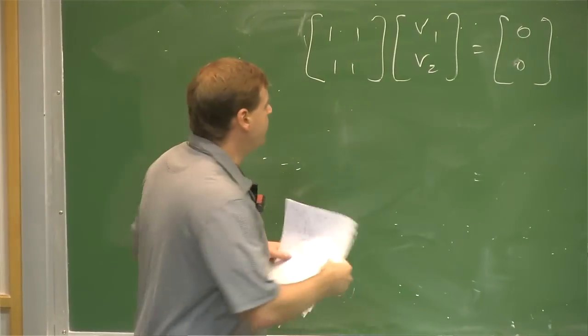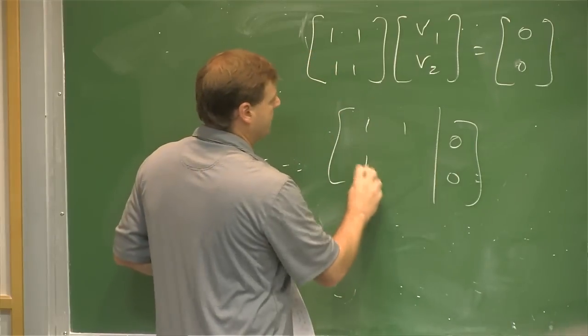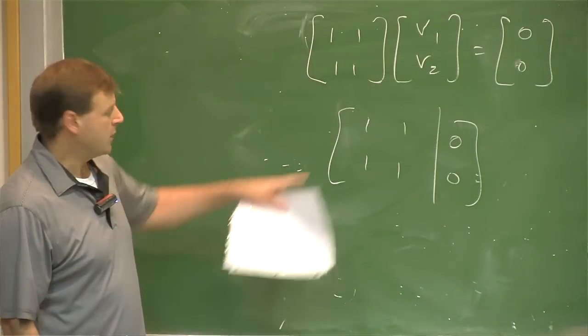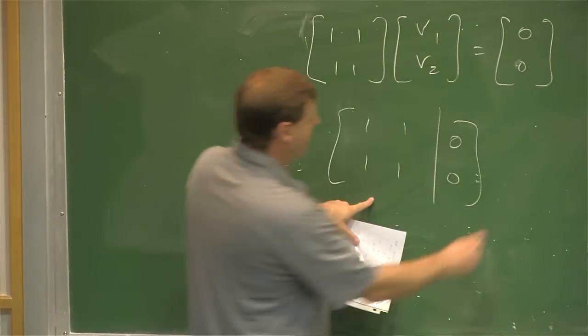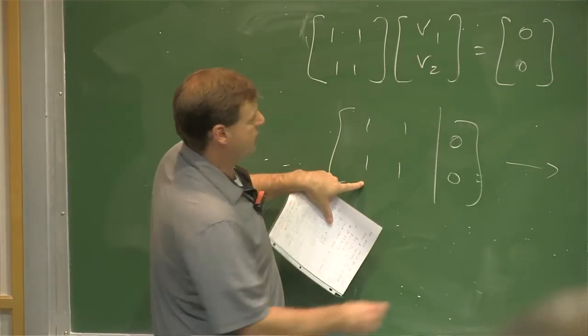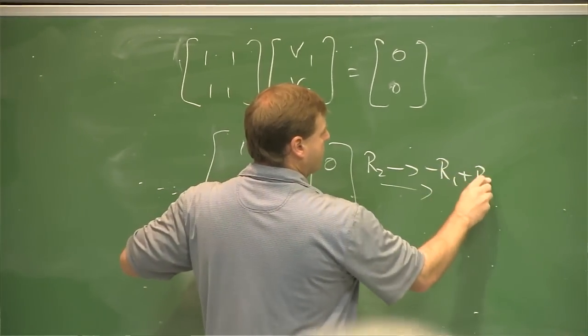If I'm going to try to solve this system, let's put it in an augmented matrix. And then I want to solve this system, and that'll give me the values V1 and V2. So what do we do here? Well, let's replace row 2 with negative row 1 plus row 2.